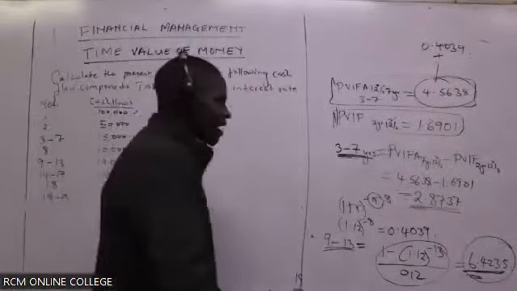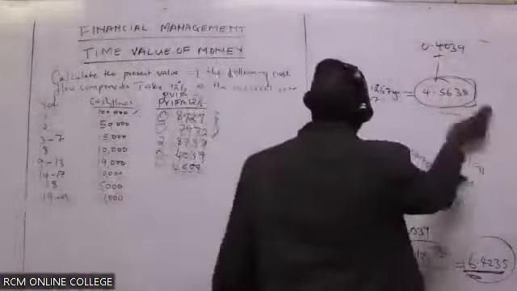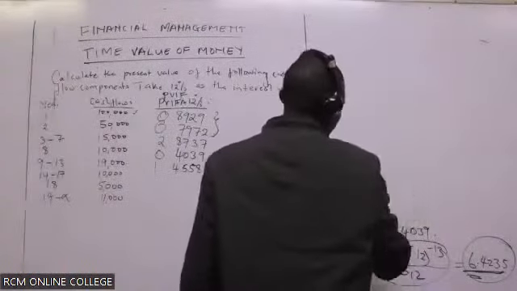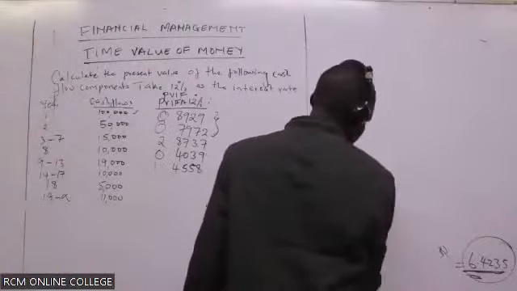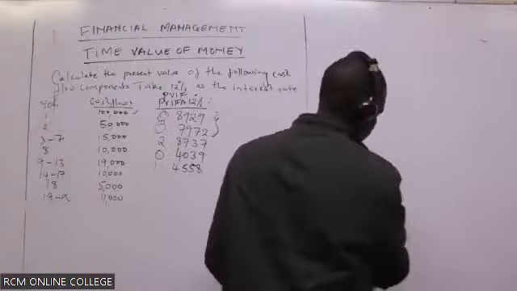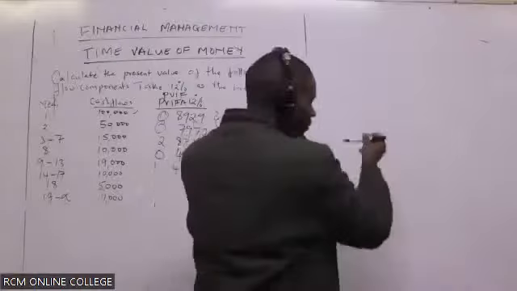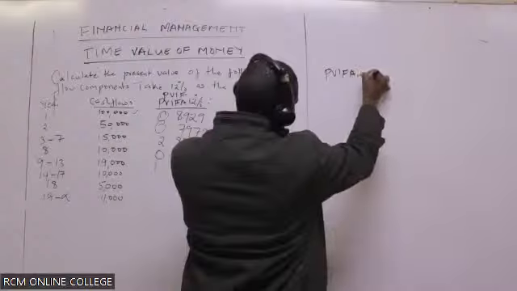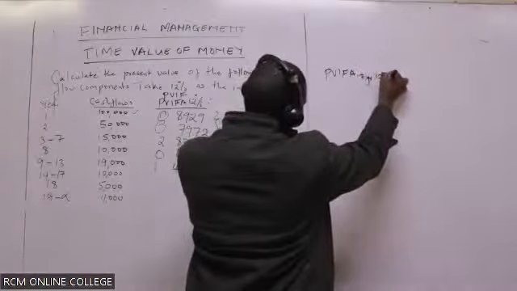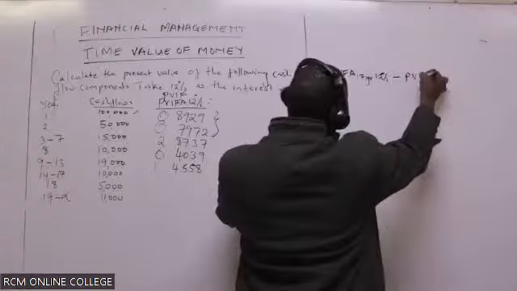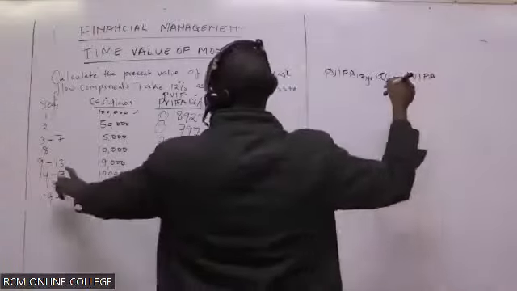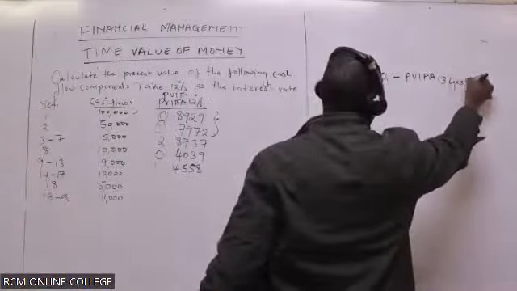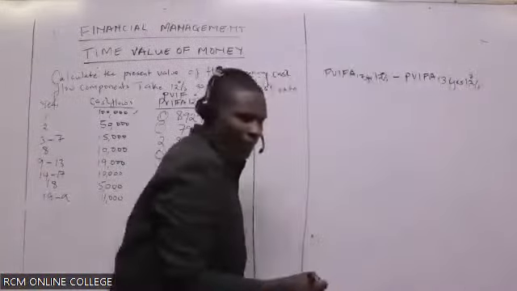Get the PVFA for 17 years. So it will be like this: let me write it here, PVFA for 17 years at 12% minus PVFA for 13 years at 12%.